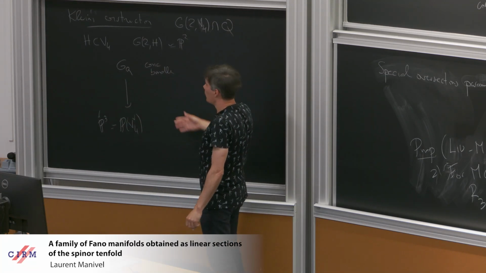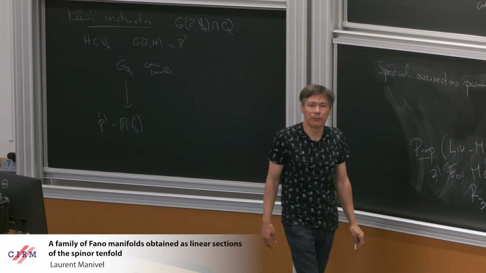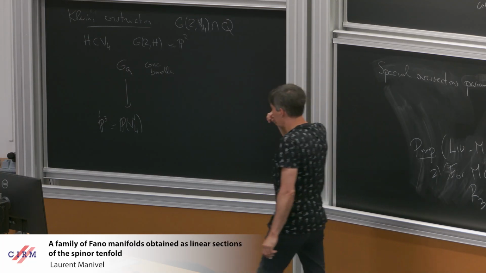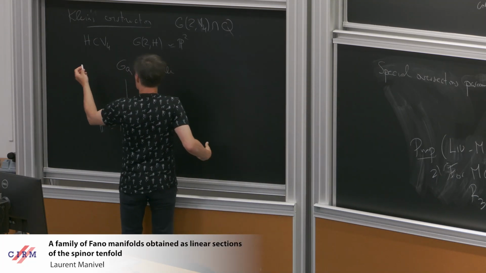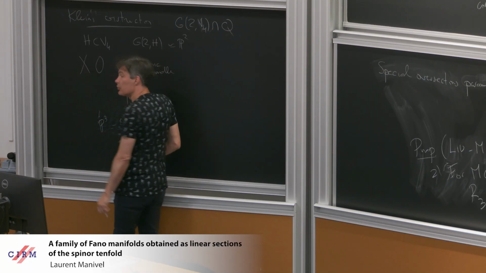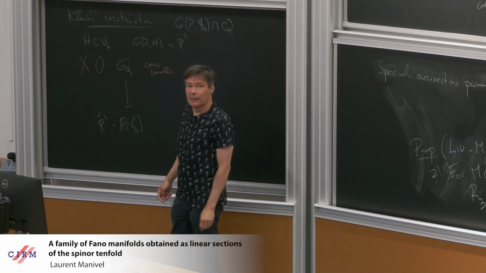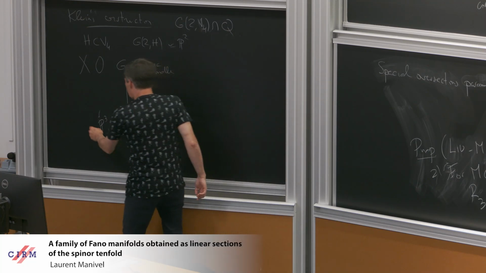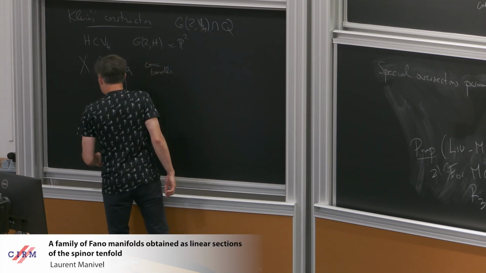And this is a usual way to construct nodal surfaces. When you have a conic bundle like this, in general, if it's well behaved, so the geometric fiber is smooth, then in codimension 1, you get singular conics. So this defines a surface.